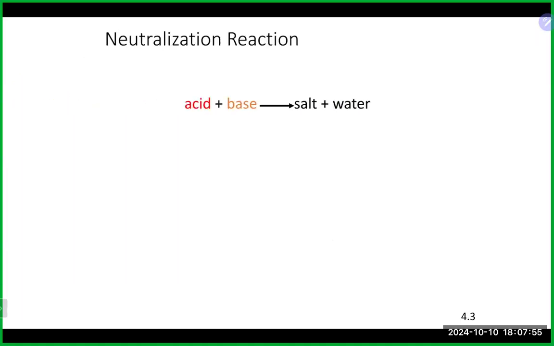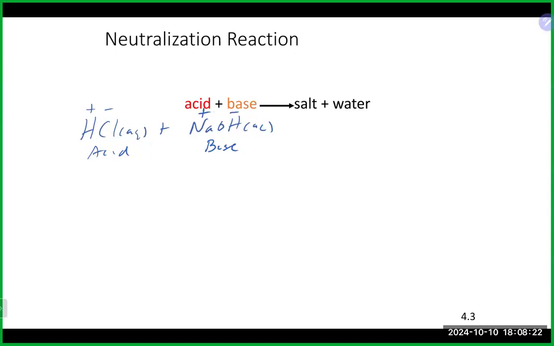So as I mentioned before, acid-base neutralization reaction, if we take something like our hydrochloric acid and react it with sodium hydroxide, this is a strong acid and base. This is also still a double displacement reaction because this is basically H plus and Cl minus, and this is Na plus and OH minus.